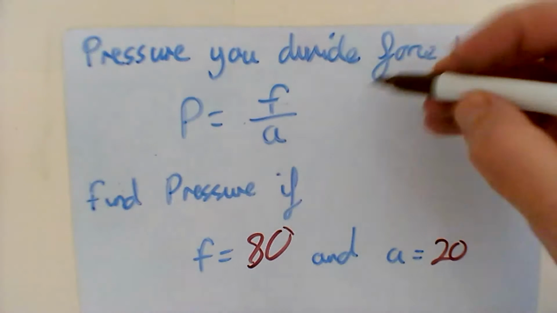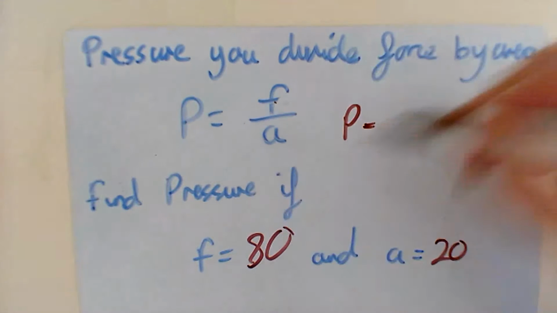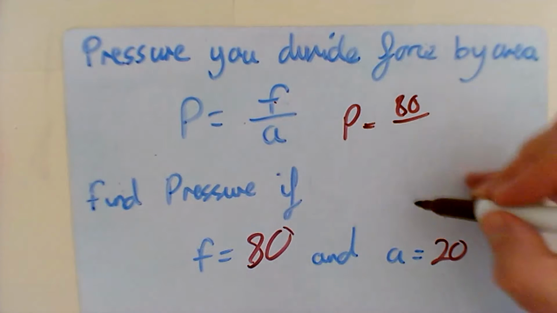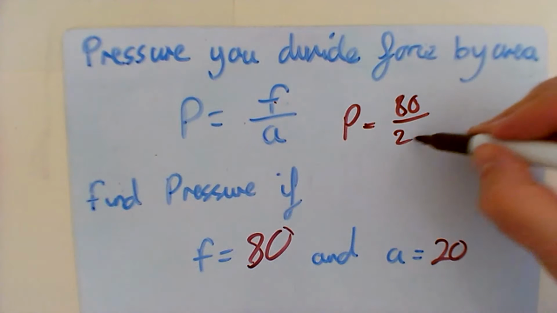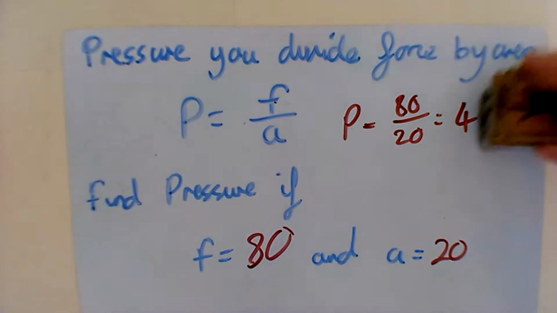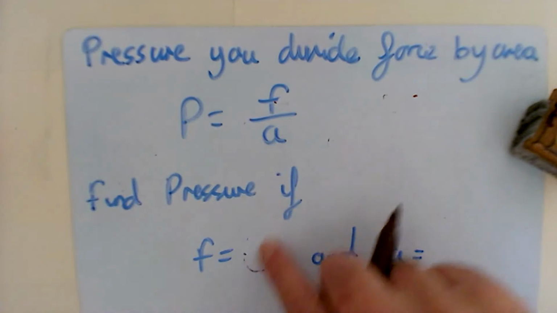So P equals F divided by A. So if I wanted to find the pressure, F is 80, so I substitute the letter for the value, and then A, area, is 20. So P is equal to, how many 20s in 80? 4.